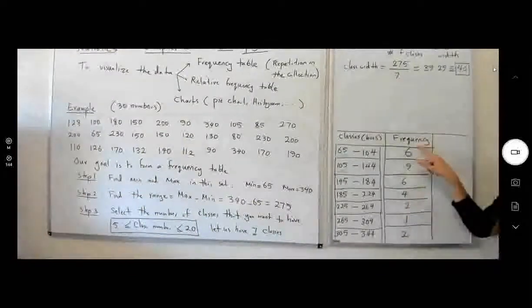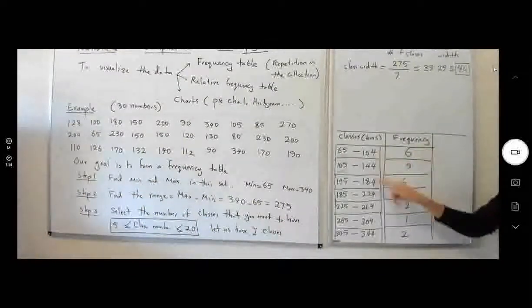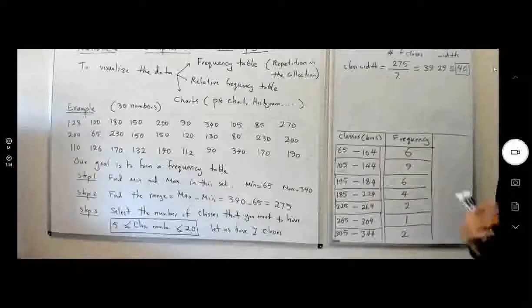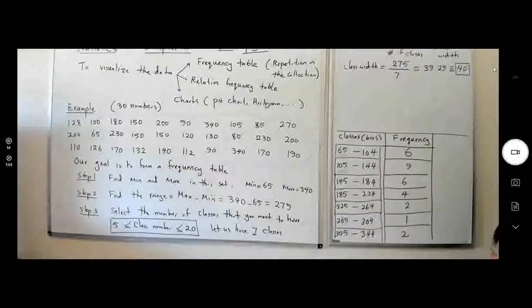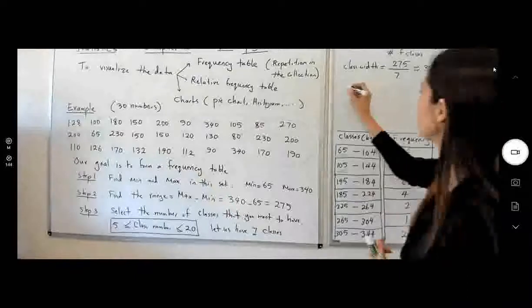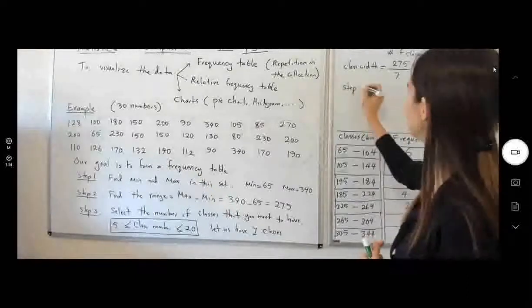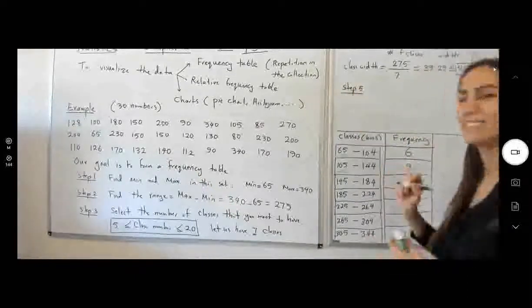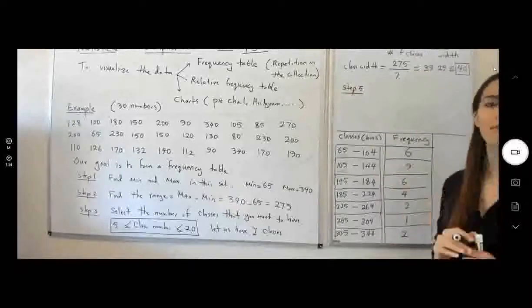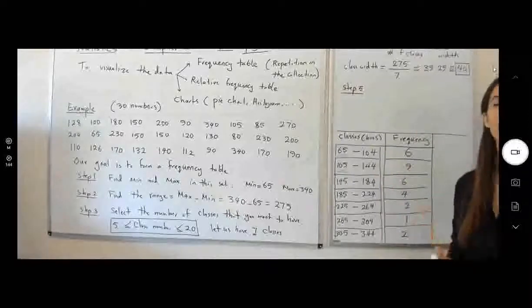Very well. So we have our frequency, or count, for each of these classes. The next column that you're going to add is called relative frequency. In step 5, use a little bit of algebra to find the relative frequency for each class.